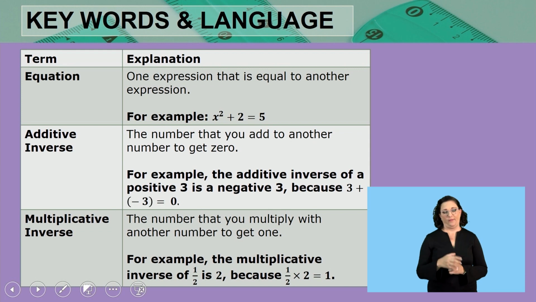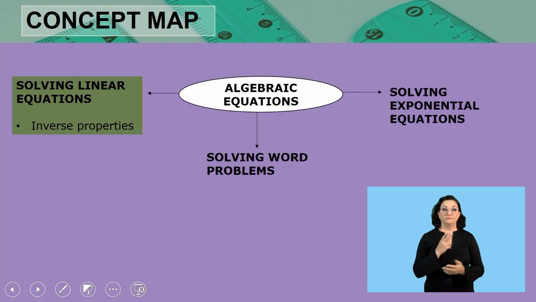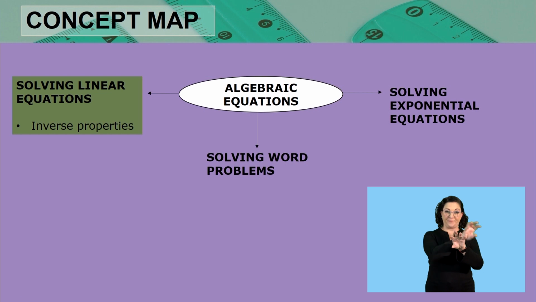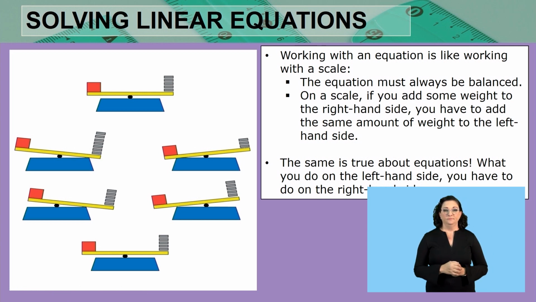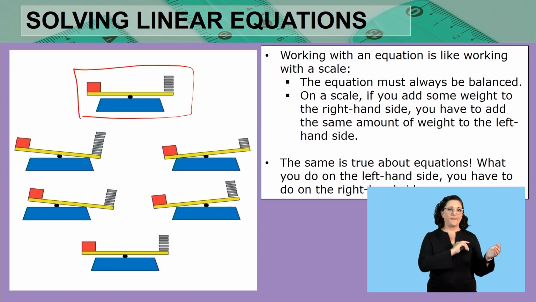Looking again at that concept map, we are now going to be working on the first point, which is solving linear equations. Let's look at solving linear equations, and we are going to look at it as a scale. So as you can see there, we have a balanced scale. When we have an equation, it is a balanced scale.